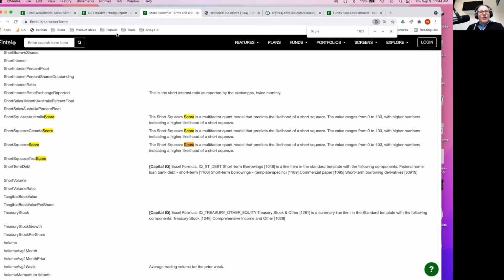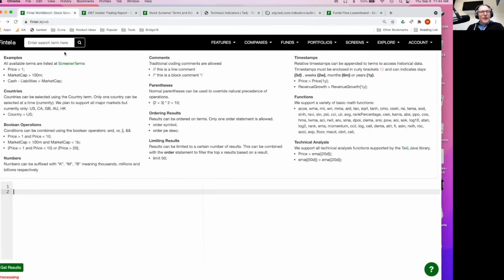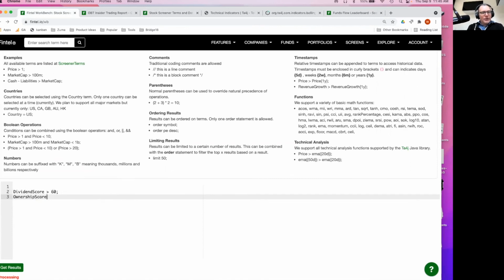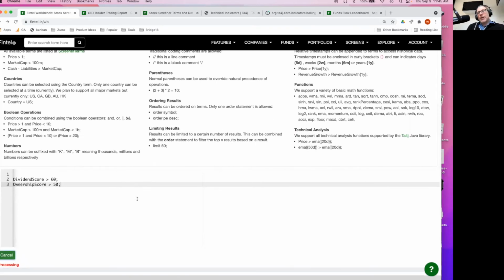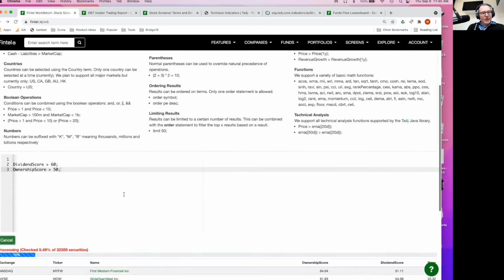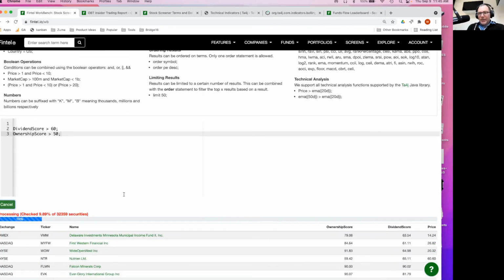Let's say I wanted to create a dividend score greater than 50 and an ownership score greater than 50. Let's say I wanted to find companies that had a lot of dividend and a lot of ownership accumulation, institutional accumulation. I could do this.